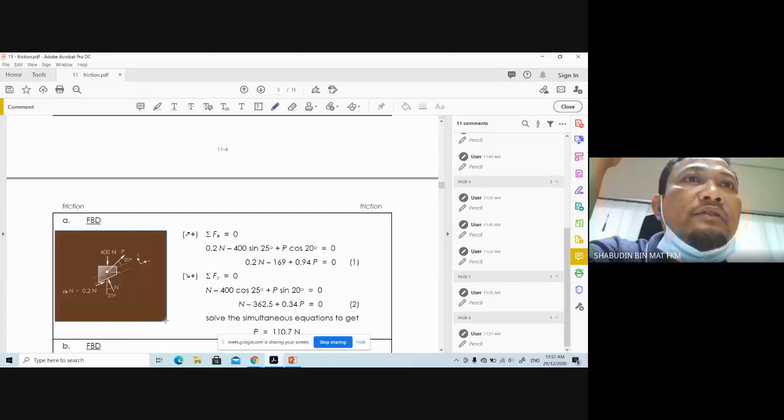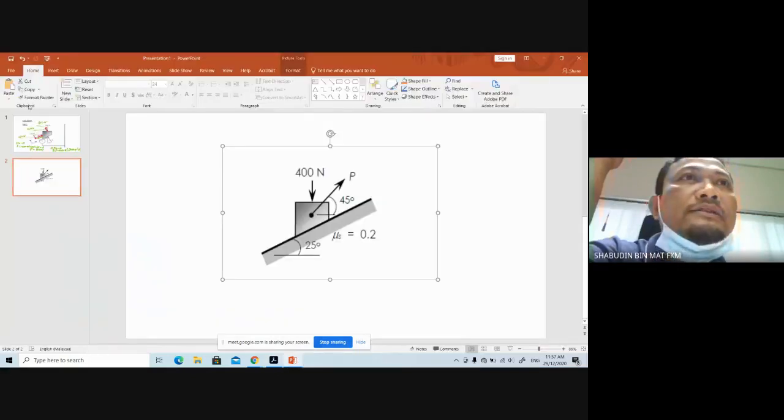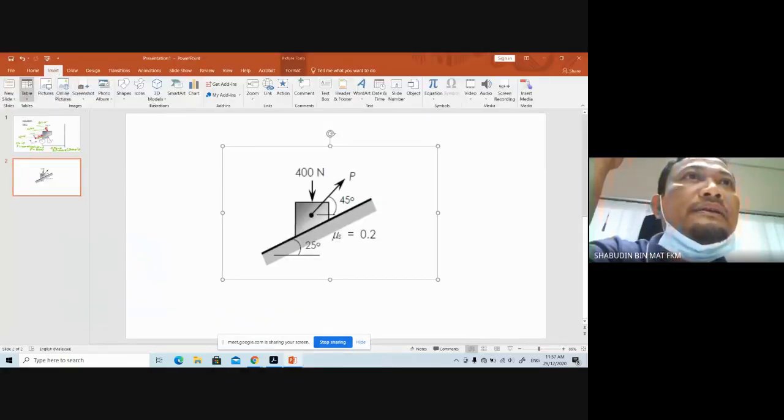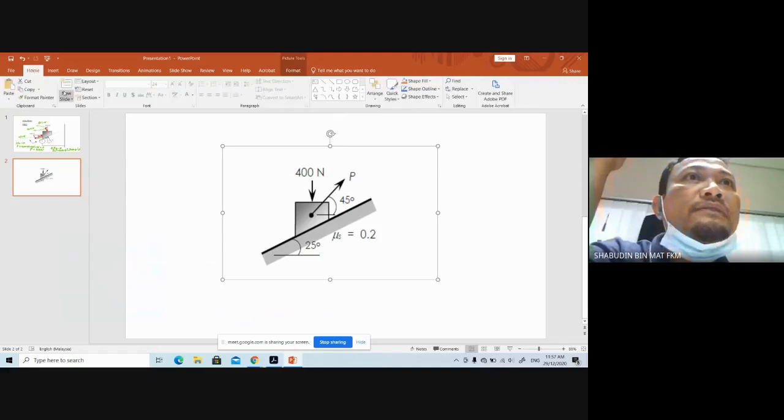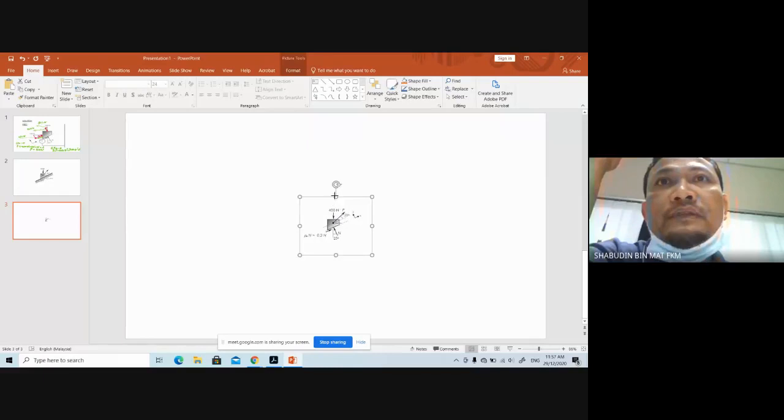These are the things that you have to draw first in your examination. Home, new slide. We give you marks for the free body diagram.